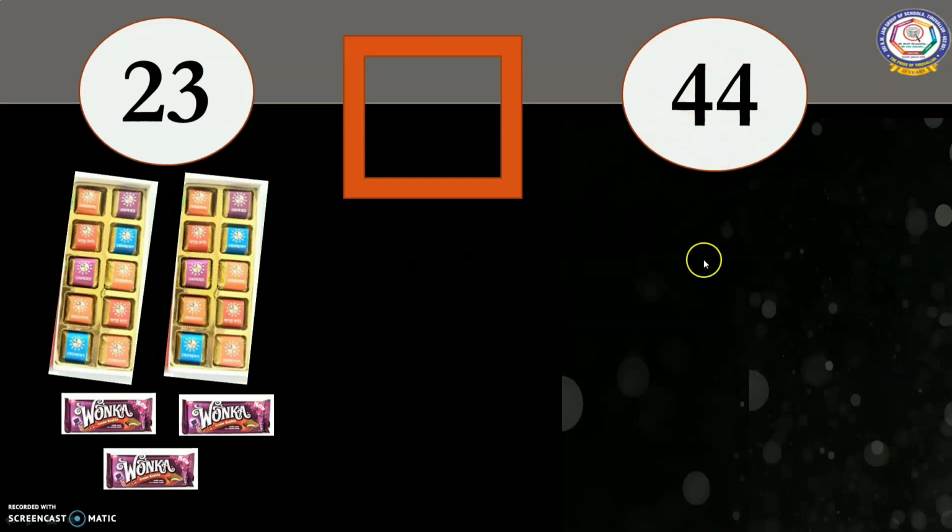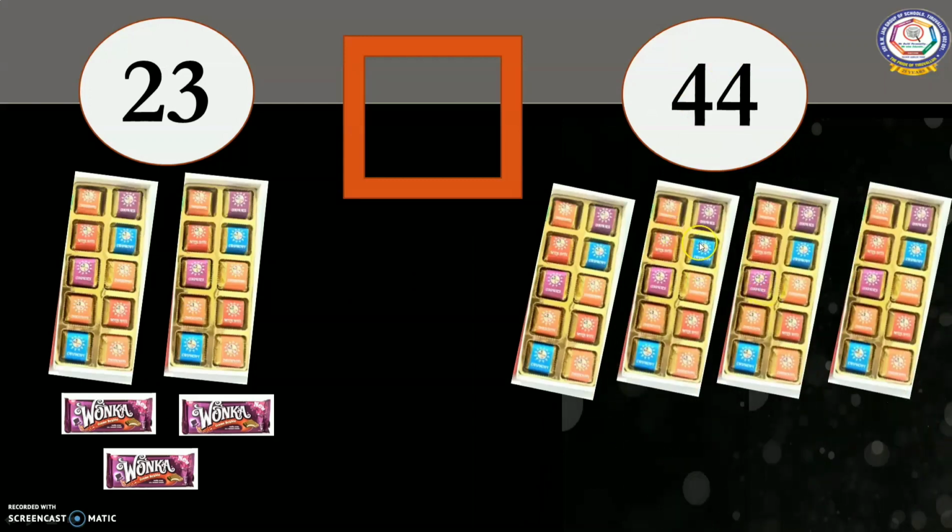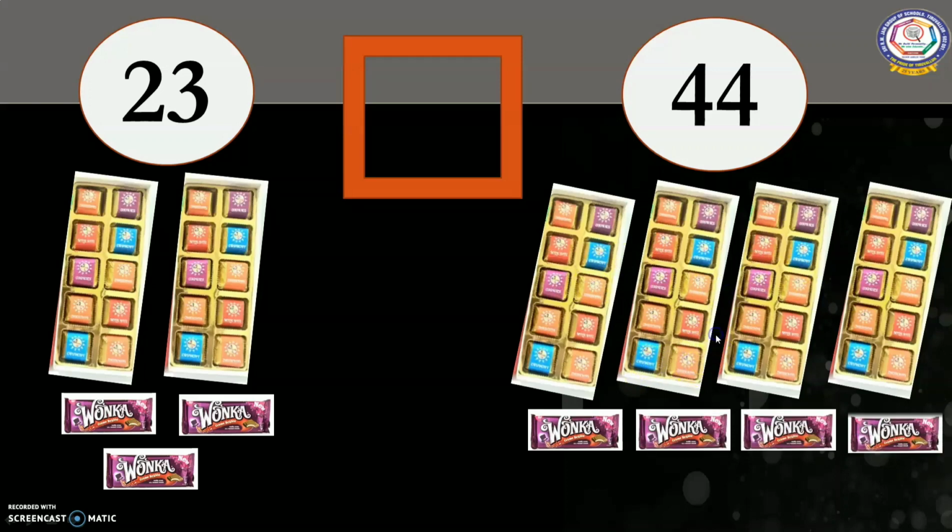In 44 we have 4 tens and 4 ones. So which is bigger? 44 is bigger here, isn't it? So we have to draw the lesser than symbol here because 23 is lesser than 44.